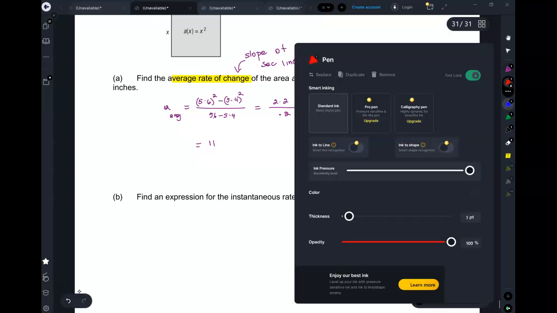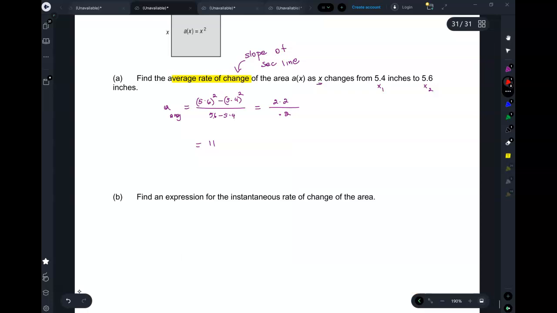Okay, now let's talk about the units. So this is the rate of change of the area. This is 5.6 squared, in inches. So what is the unit for this? Inches squared. And what is the unit of the bottom? Inches. So what's the unit for the rate then?